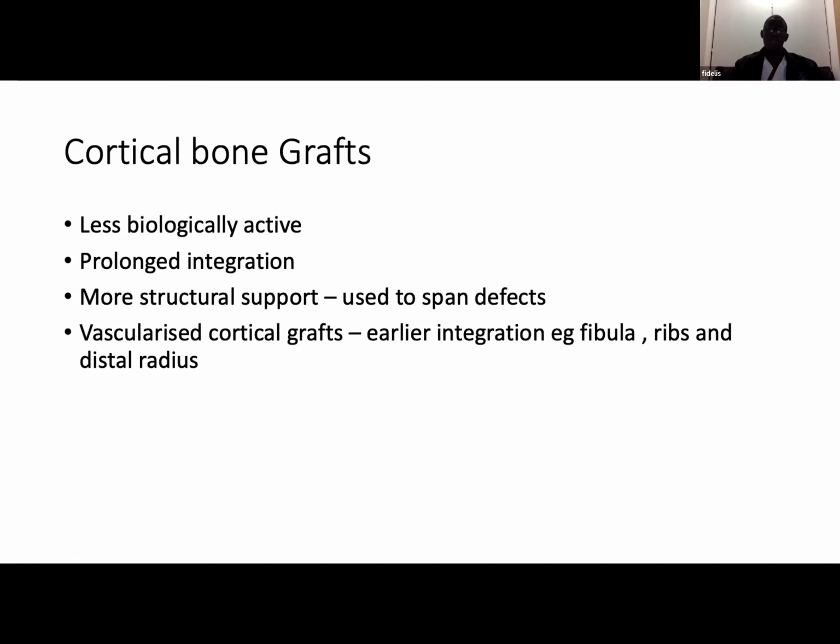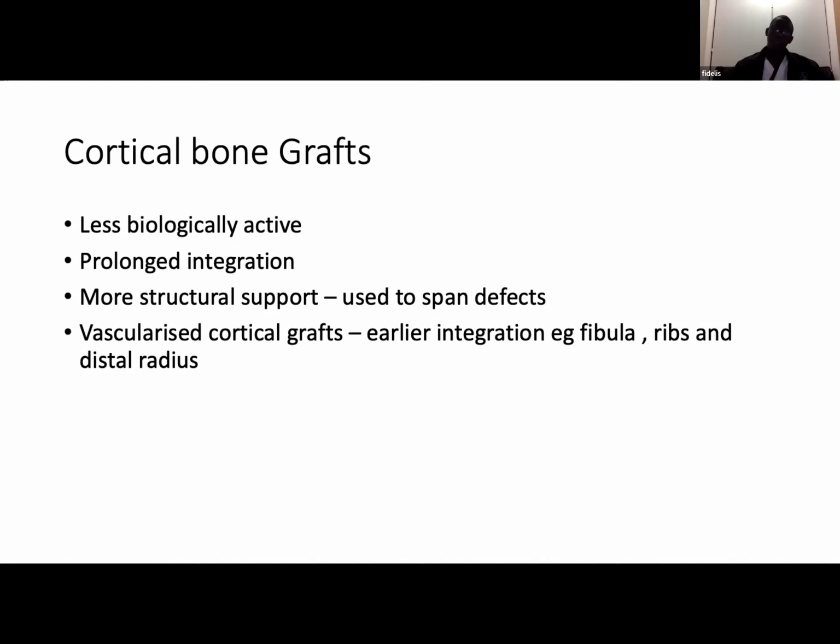Good examples are vascularized cortical grafts, for example your fibula and your ribs, and also the distal radius can be used as well for scaphoid fractures. So even though they take long to integrate, they offer immediate structural support to where you're grafting them.